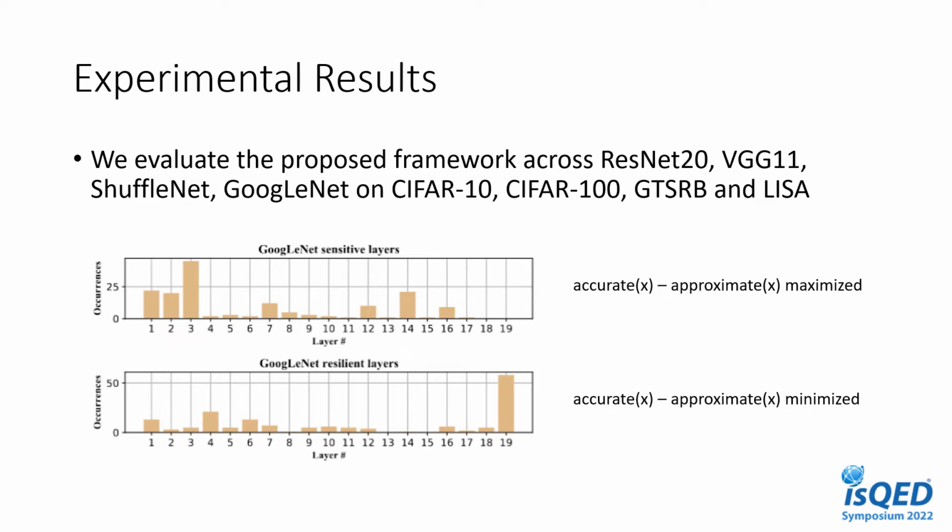For this example on GoogleNet, we can observe that layers 1 and 3 exhibit high accuracy drop, while layers 4 and 19 are shown to be resilient to error. Therefore, for each new multiplier that has not been encountered in the past, we sample the output accuracy of the GoogleNet only for layers 1, 3, 4, and 19.